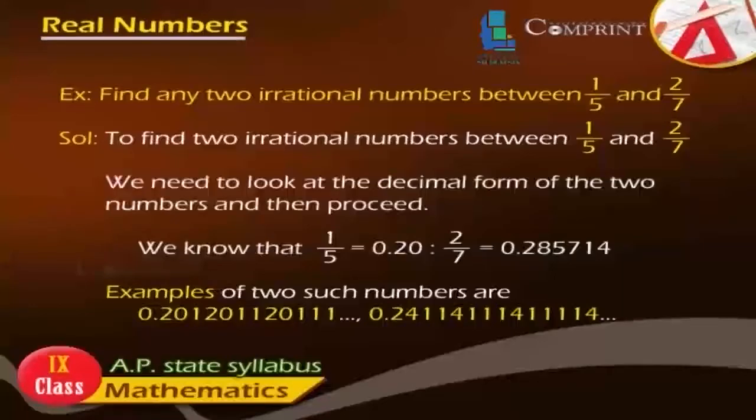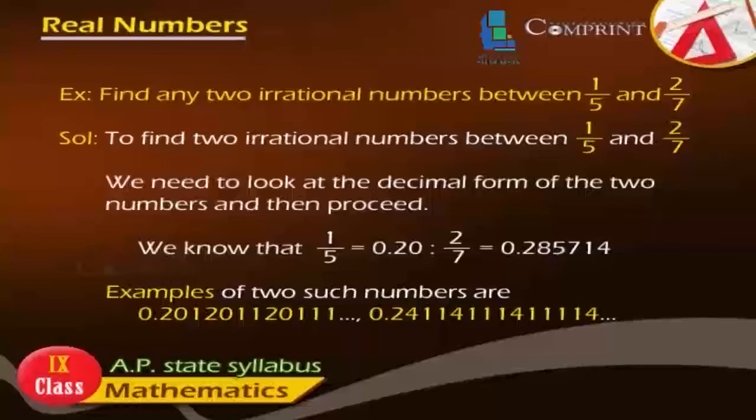Example: find any two irrational numbers between 1/5 and 2/7. Solution. To find two irrational numbers between 1/5 and 2/7, we need to look at the decimal form of the two numbers and then proceed.